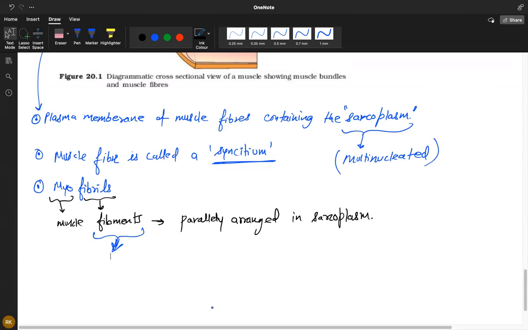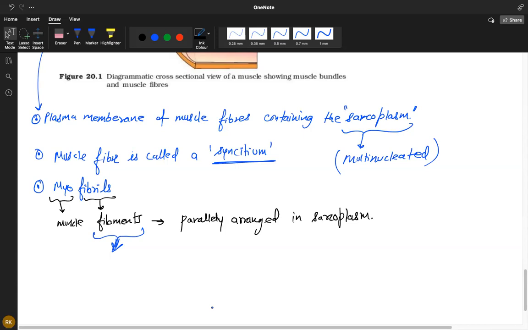Yes. Those are actually called light and dark bands, and it is because of two important proteins present in the muscle, which are called actin filaments and myosin filaments.